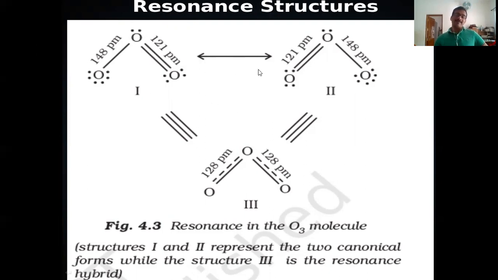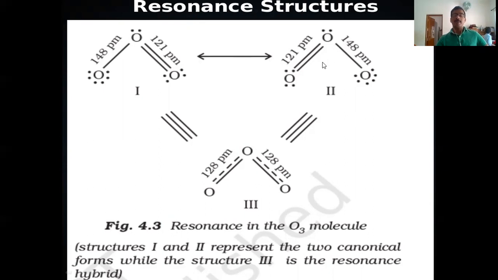So the structures used to explain the property are known as contributing structures or canonical structures or resonating structures. Here structure one is a contributing structure, or resonating structure, or canonical structure.